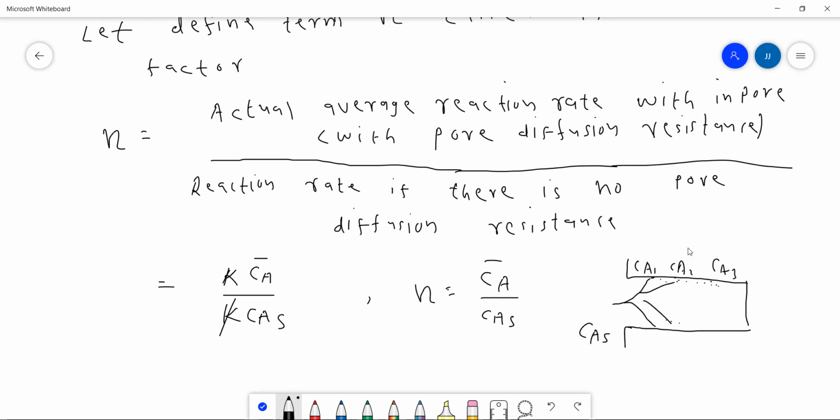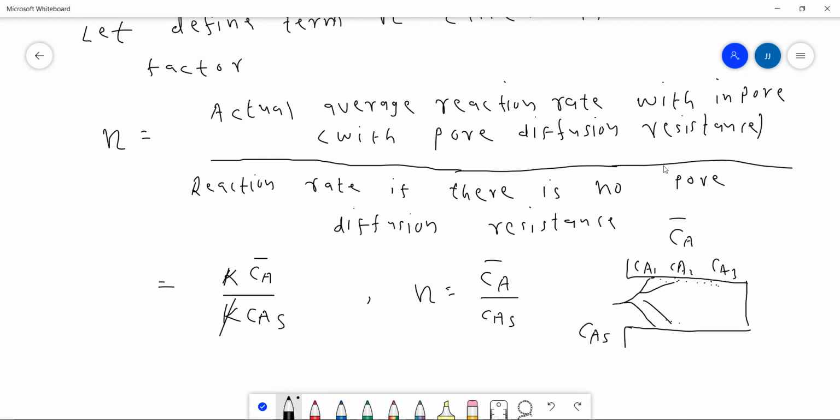So let's say the average concentration is CA bar. That's why I've written k into CA bar. So this is the actual average reaction rate within the pore, that means with pore diffusion resistance.